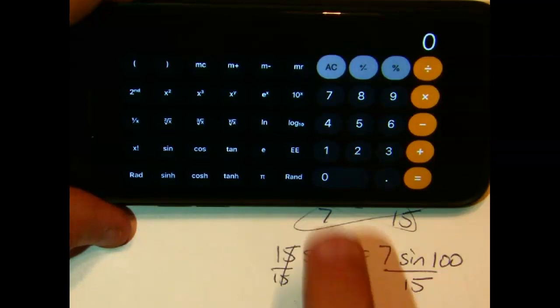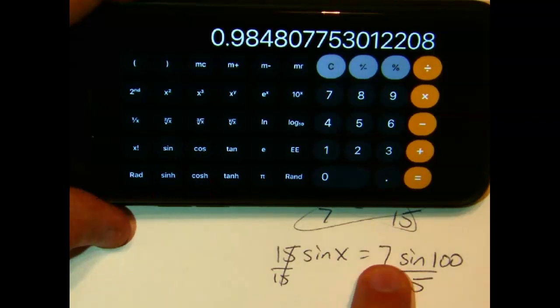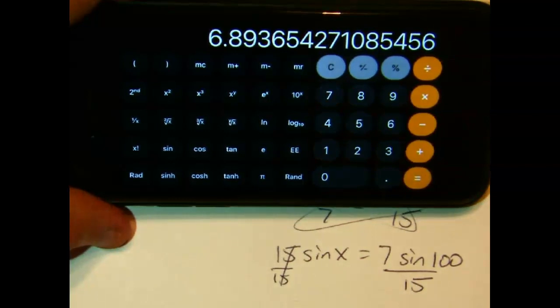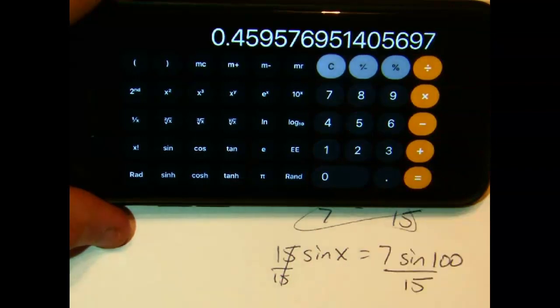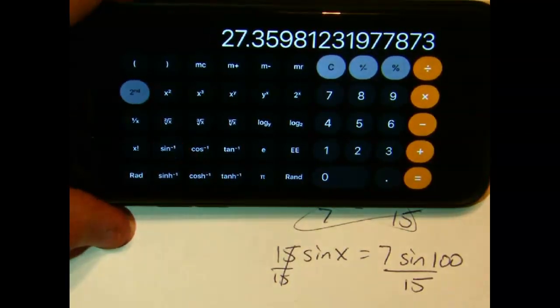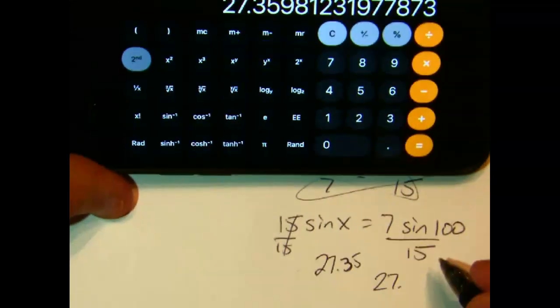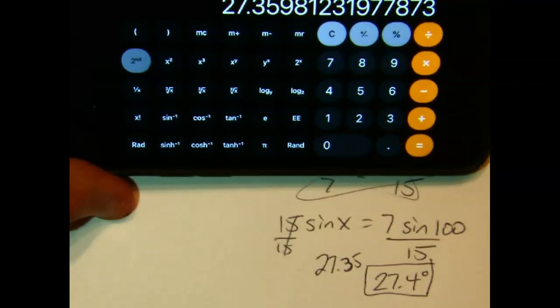So this is 100, sine, times 7, equals, divided by 15, equals, and we want the angle measure, so this is going to be the second sine, and we get 27.35 degrees. If we're rounding to one decimal place, this would be 27.4 degrees. And there's your lesson.